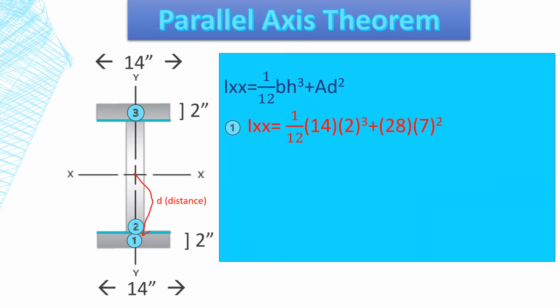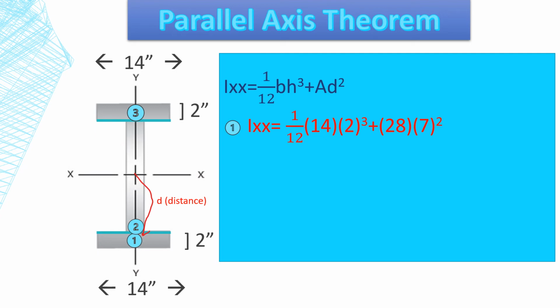We're going to do piece number 1 from the equation. We're going to take 1/12 and multiply it by the base, which is 14 inches, multiply that by the height cubed, which is 2 inches cubed, plus the area, which is 14 by 2, 28.